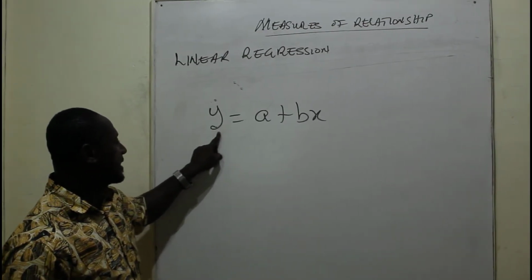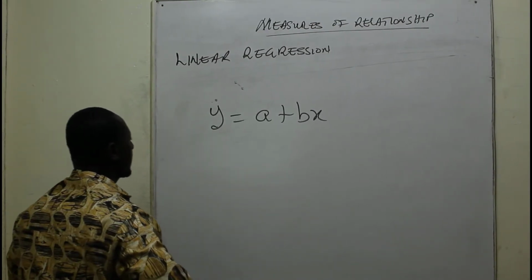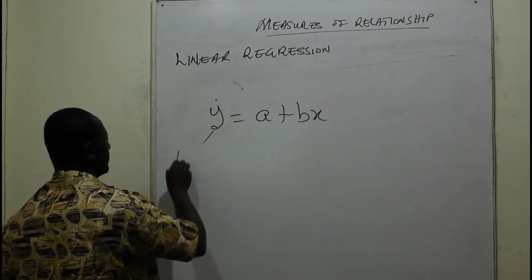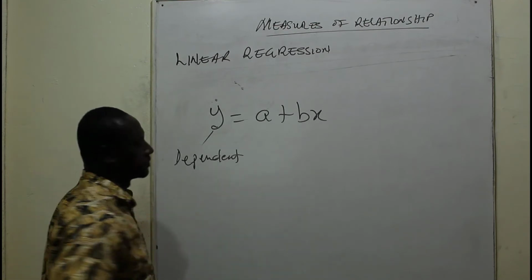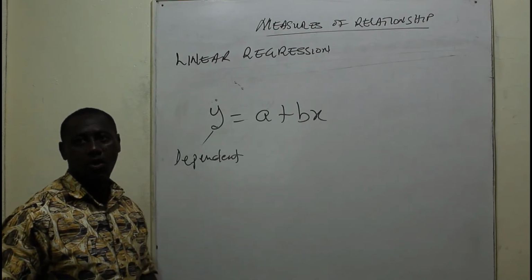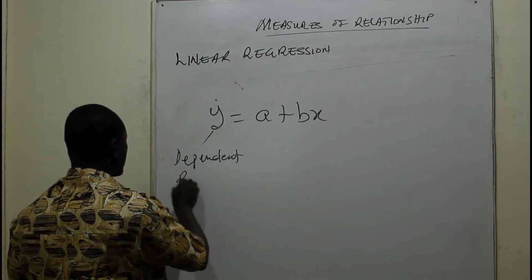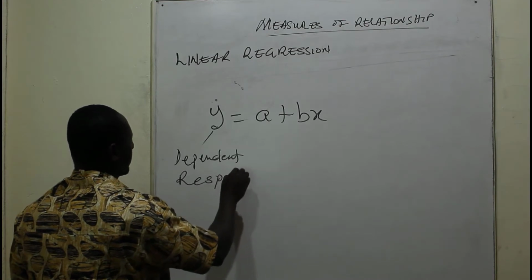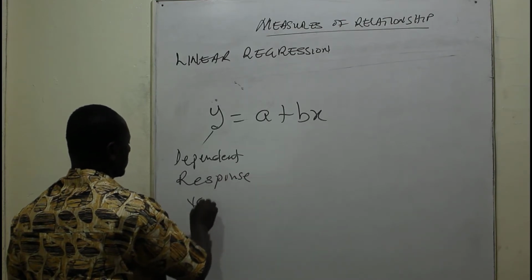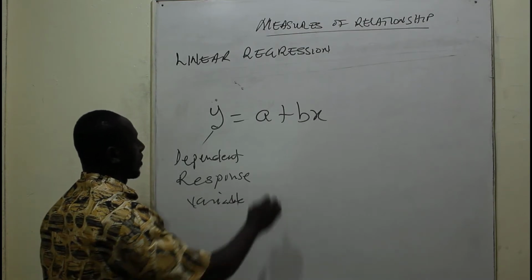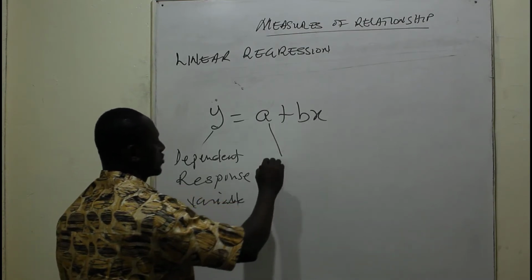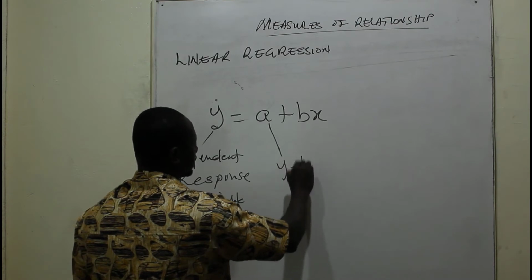In this sense, this y is the dependent variable, or what we can also call the response variable. Now, the a here is what we call the y-intercept.